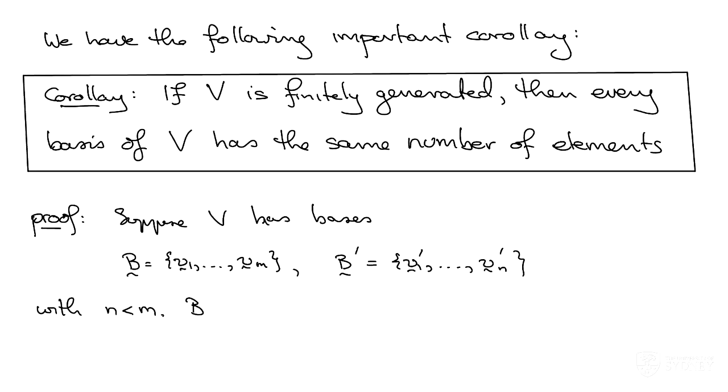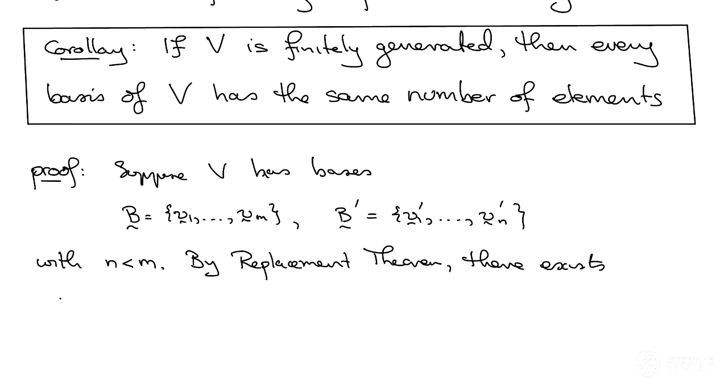Now, by the replacement theorem, there exists a subset J of the indexing set for the bigger one, which is 1 up to m, let's call that I, with n elements.